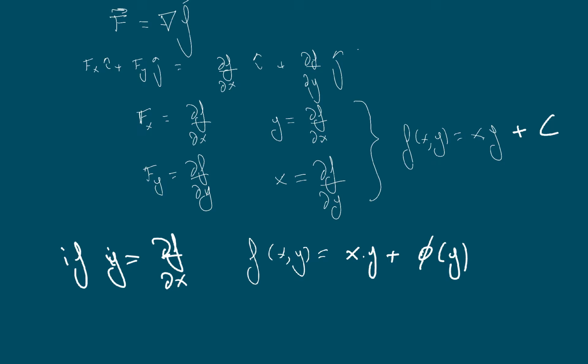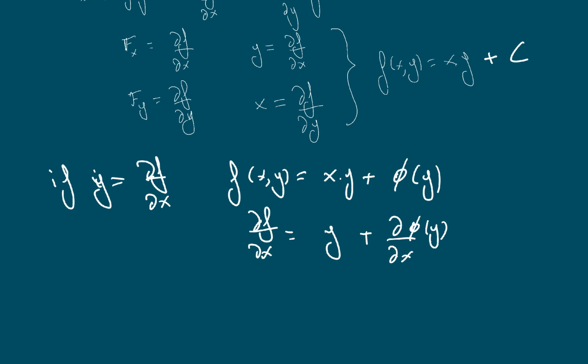If I add a function phi that depends on y, I can check. The partial derivative of f with respect to x will be y, plus the partial derivative with respect to x of a function that depends exclusively on y. So this will be 0.